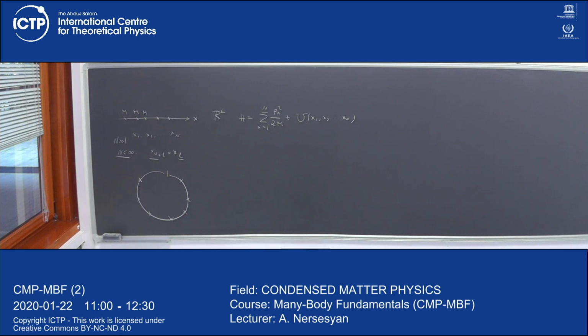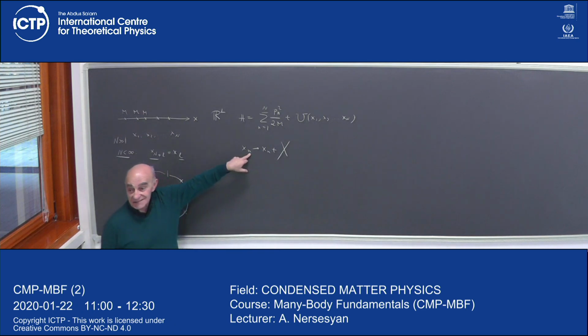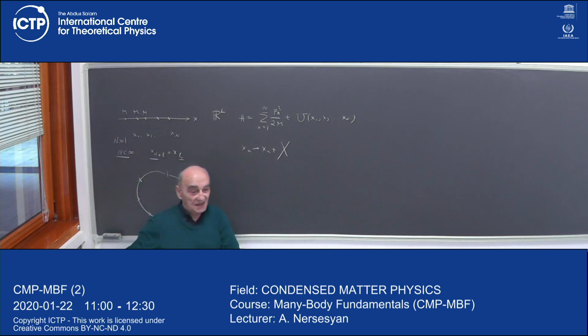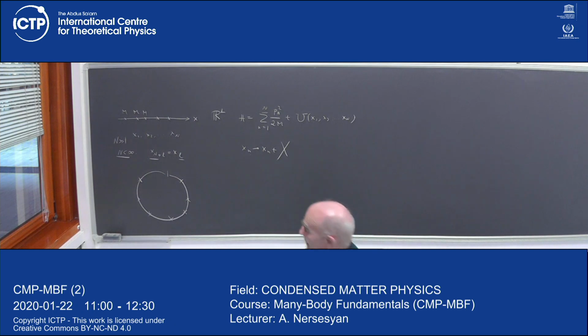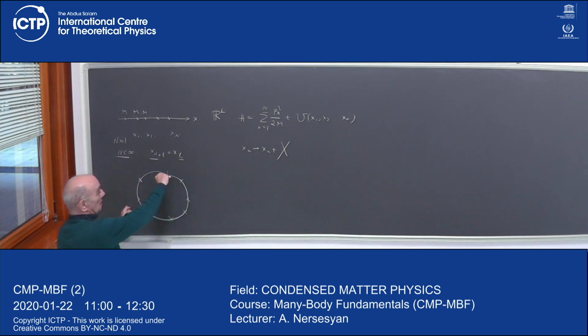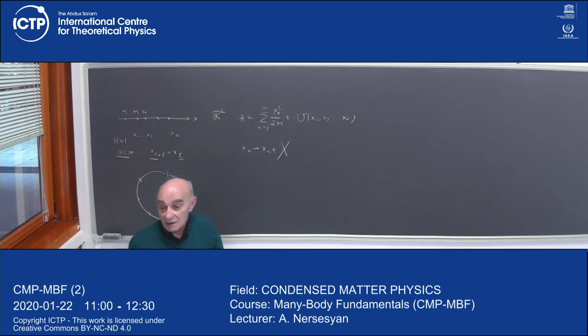The only thing is that when I'm talking about global translations, I assume that x_n is replaced by x_n plus some quantity X, this X is the same for all indices n, for all particles, all of them simultaneously and by the same amount are shifted either to the right or to the left by the quantity X. Which translates to saying that the whole system is rotated clockwise or counterclockwise by a certain angle.